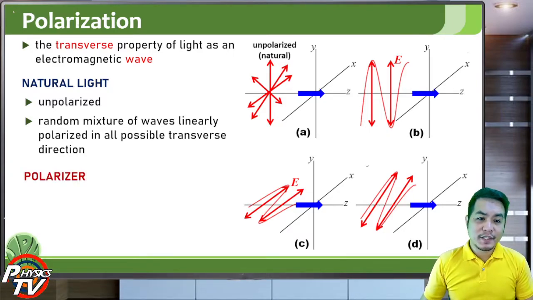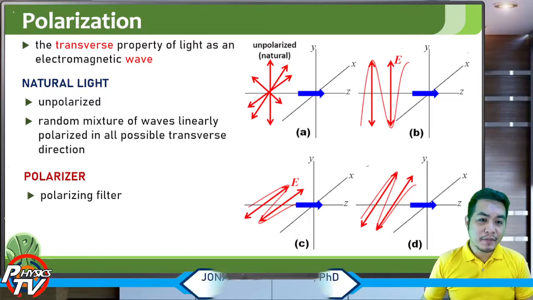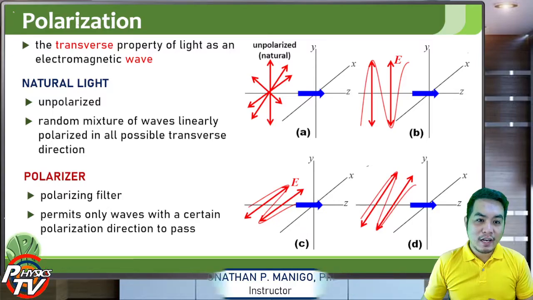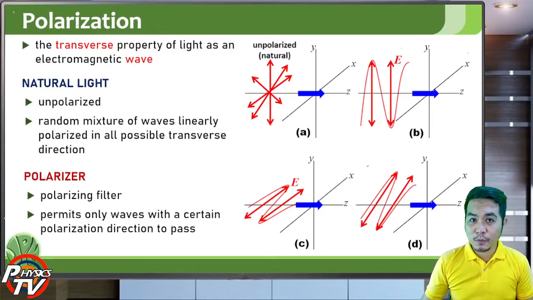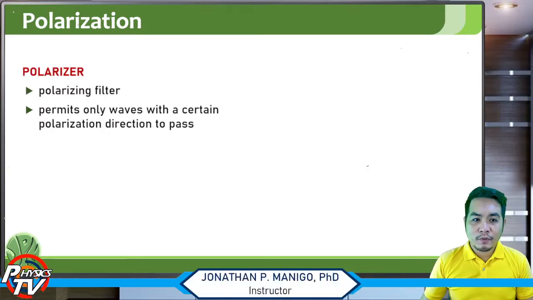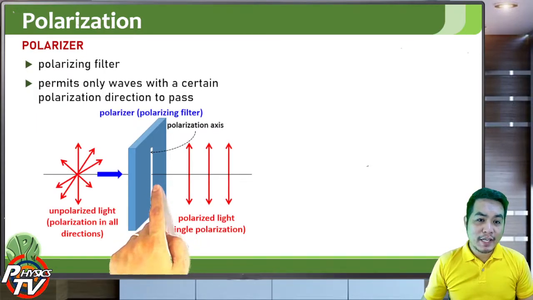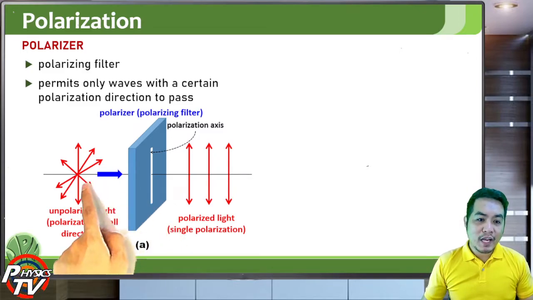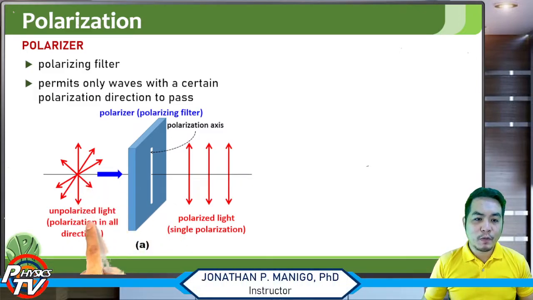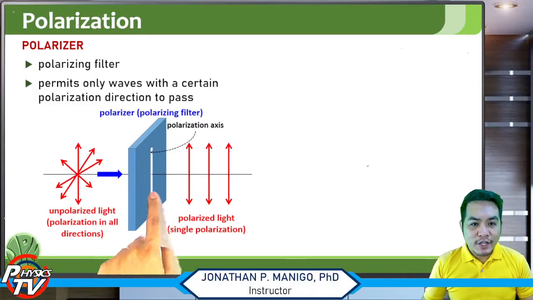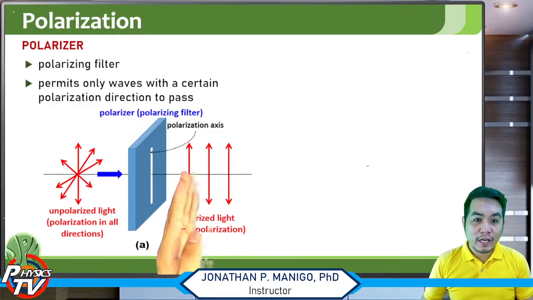When you use a polarizer, or sometimes we call that a polarizing filter, it only permits light with a certain polarization direction to pass. For instance, in this linear polarizing filter, if you have unpolarized light or natural light with polarization in all directions, when this light enters the filter, only light with the same orientation as the polarization of the filter can pass through.